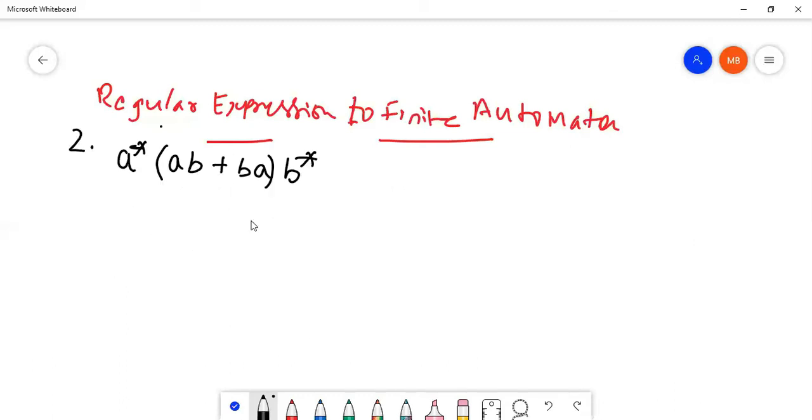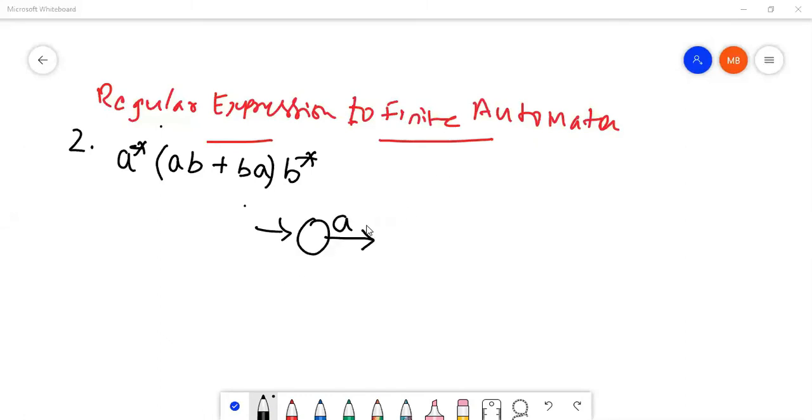Next problem. Check this. It is a star followed by ab or ba followed by b star. Let's start. Let's do it for ab plus ba first. Then we can add the prefix and suffix to that.